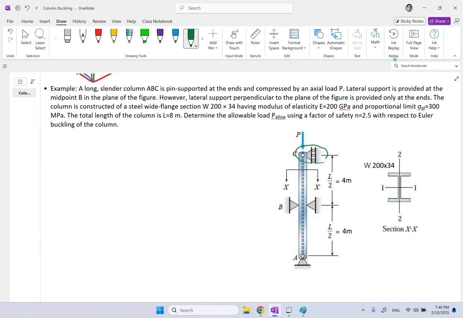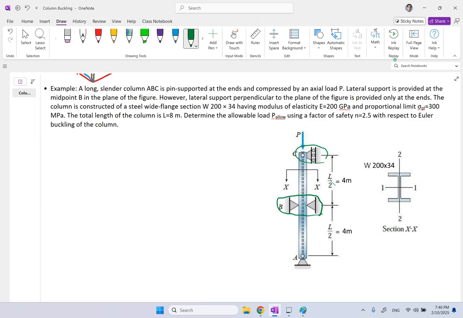But in order to change the length exposed to lateral bending, we put some support in the middle and converted it into 2 smaller sections, each of length 4. That means I can increase my load by a factor of 4, correct? Because when length goes down by a factor of 2, the critical load goes up by a factor of 4.